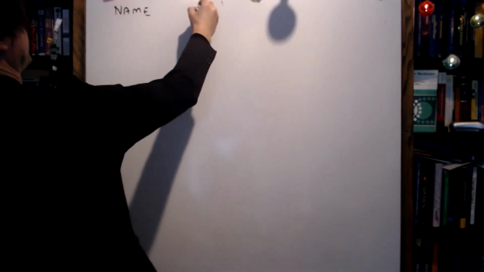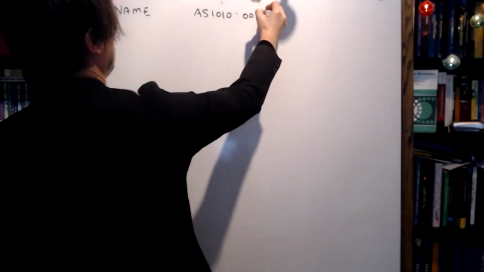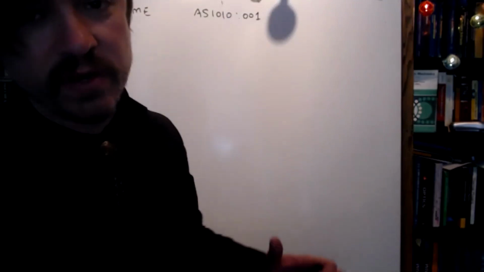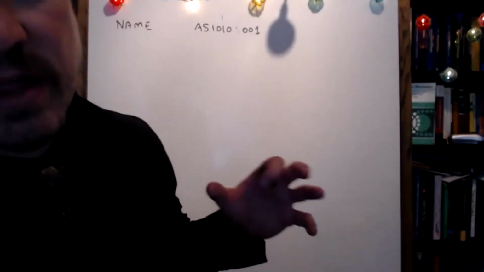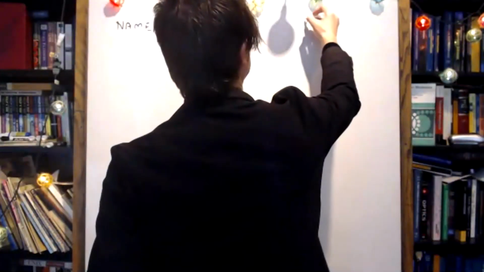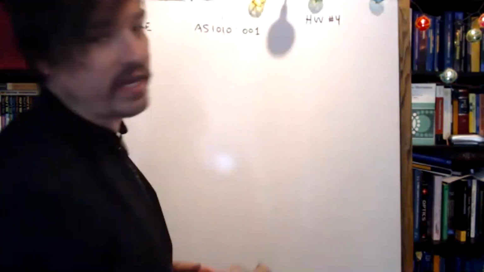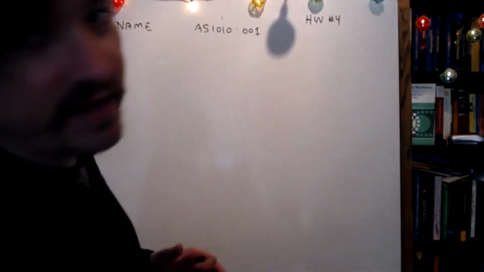Let's, as usual, put our name on the page. Astronomy 1010, whatever your section is. Once again, I made a mistake during my morning email. This is homework number 4 that we're doing today. I apologize. I said it was going to be homework number 5 in the email.